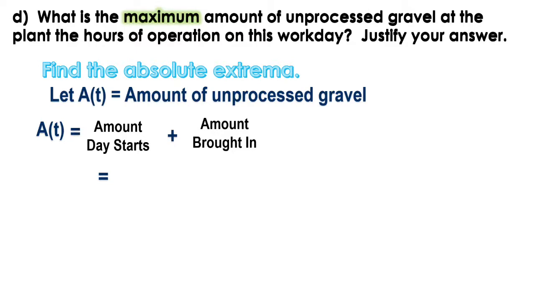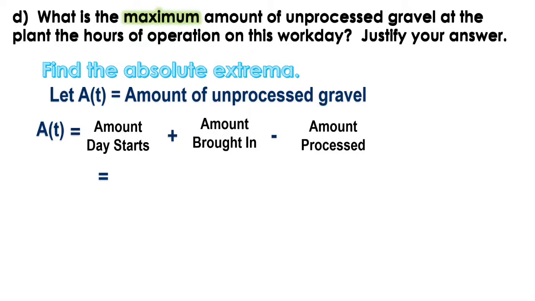But the pile is going to be going down because we're subtracting out the amount of processed gravel. So at any given moment, if we had the amount of gravel at the beginning of the day plus the amount that trucks had brought in by then, and we subtracted out the amount that had been processed by then, we would have how much gravel is sitting there.